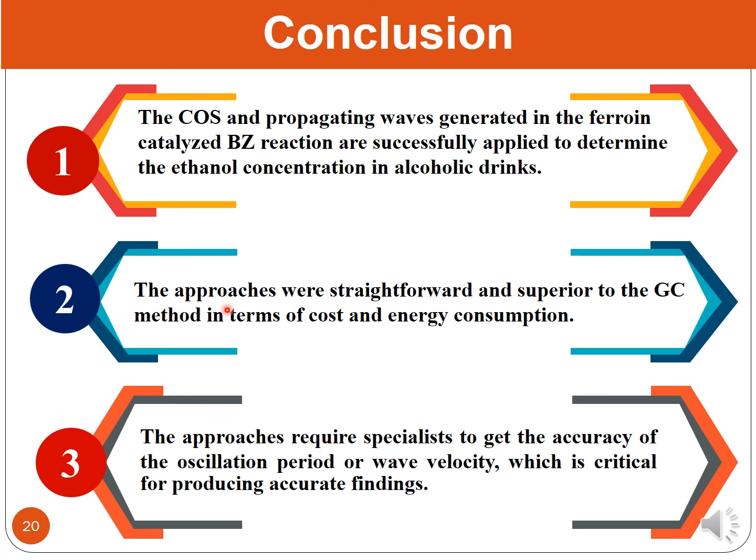Second, the approach was straightforward and superior to the GC method in terms of cost and energy consumption. However, the approach requires specialists to get accurate oscillation or wave velocity, which is critical for producing accurate findings.